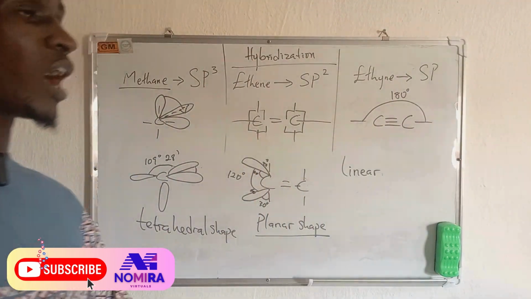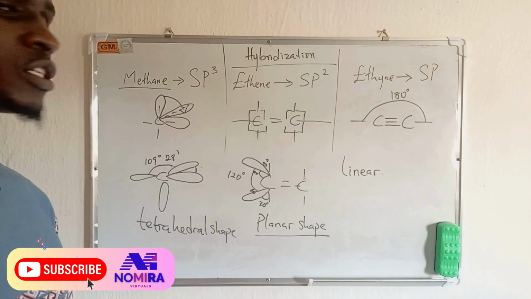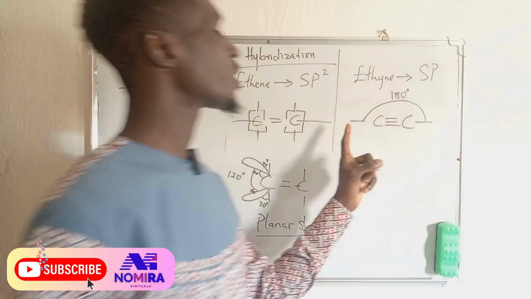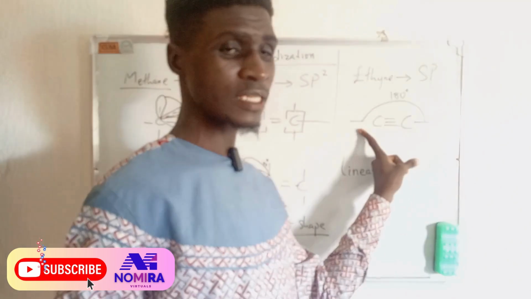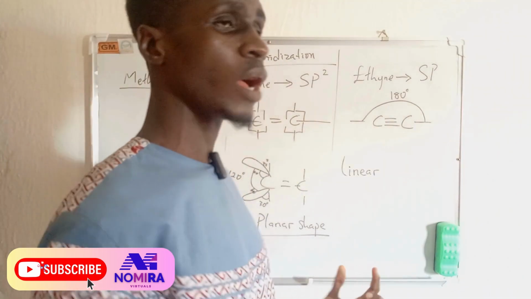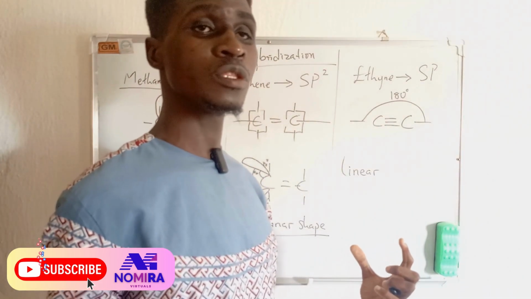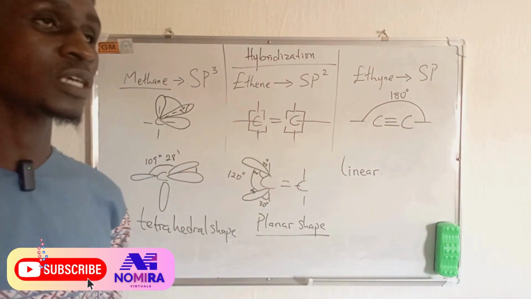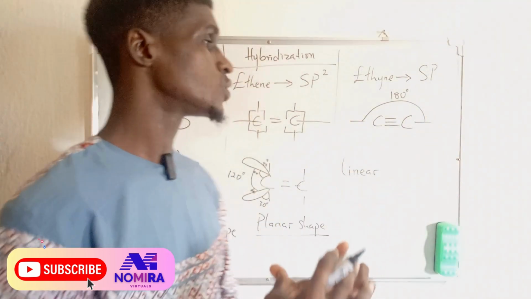So there is no actual hybridization here. If there was, it can only exist between 1 s orbital and 1 p orbital. So there is no attempt for the unpaired p orbitals to try to mix together.